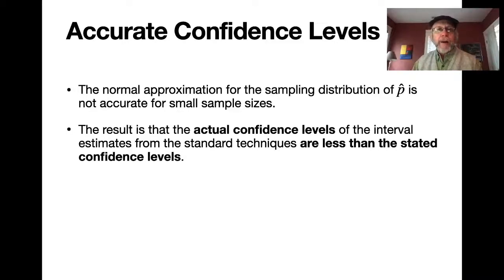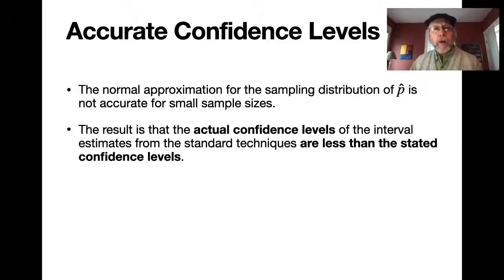You might start out by computing a 95% confidence interval and do everything correctly, but if the sample sizes are small, the actual confidence level won't be 95%. It'll typically be less than that, and it could be much less than that.